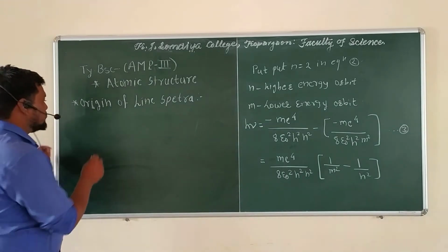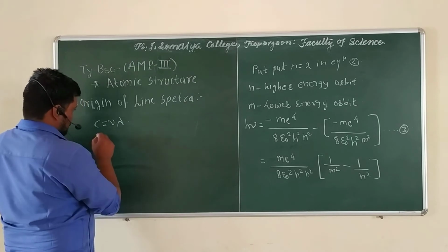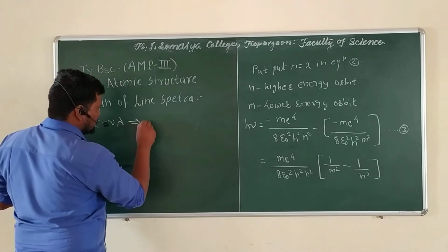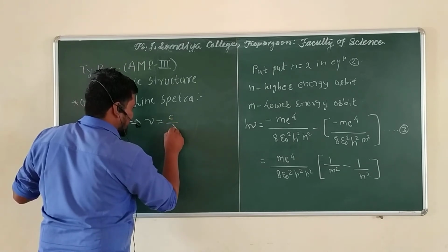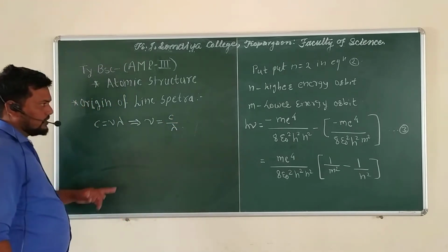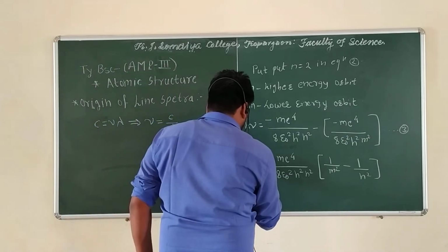So c is equal to nu lambda, so nu gives c by lambda, correct? And this h will go to the denominator on this side.